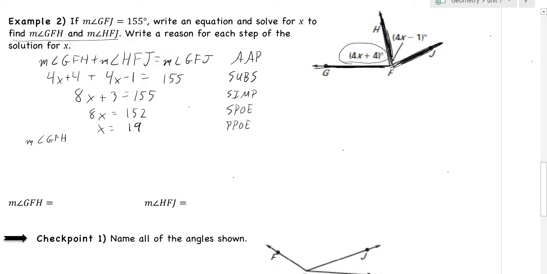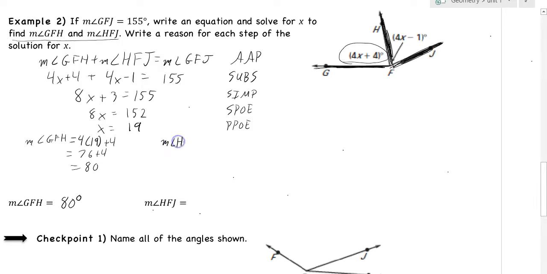We now know that x equals 19, so substituting the 19 in, 4x replaced with 4 times 19 plus 4. 4 times 19 is 76, plus 4 is 80. So the measure of angle GFH is 80 degrees. We took the degree sign off. At the end, when we actually write our answer, we have to remember to put the degree sign back in.